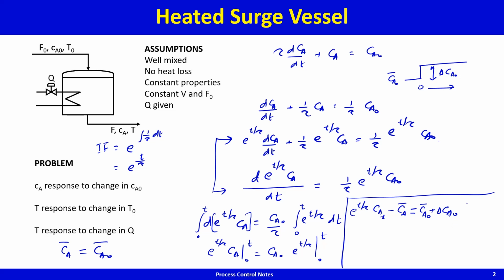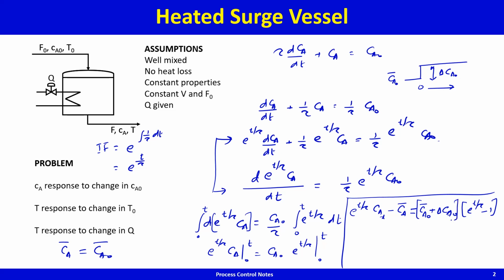And we'll just do the e to the power t by tau minus 1, and of course the whole thing is multiplied.